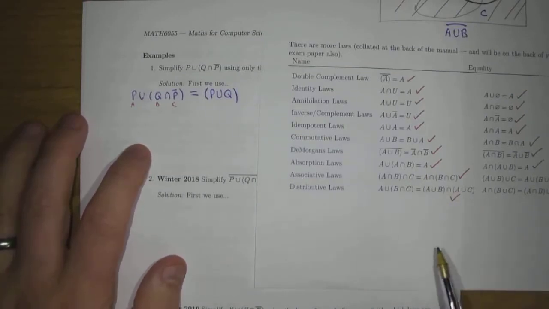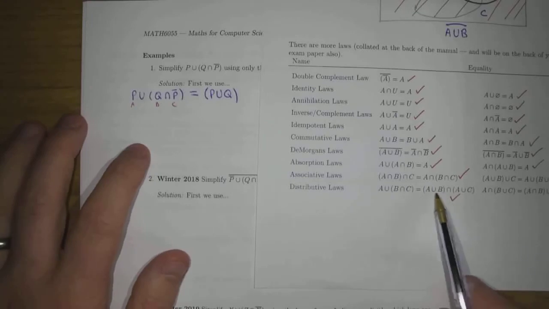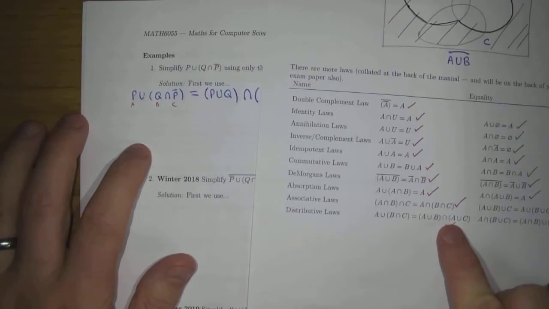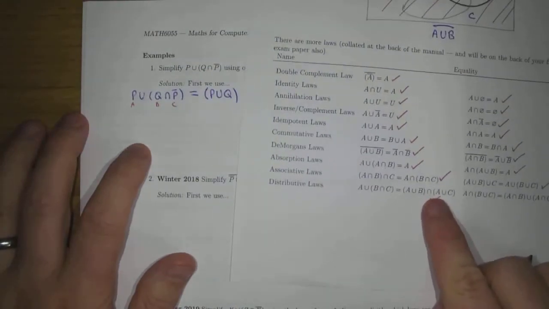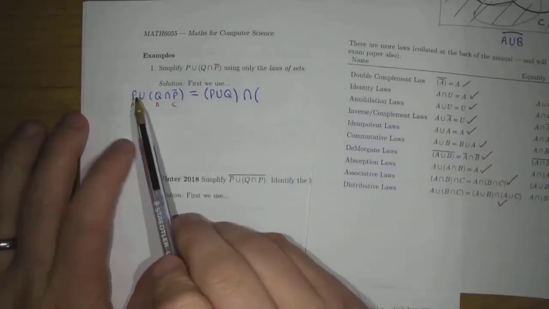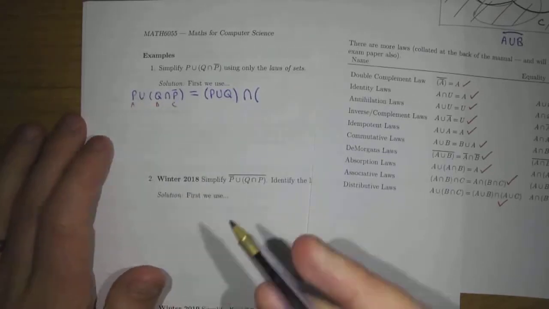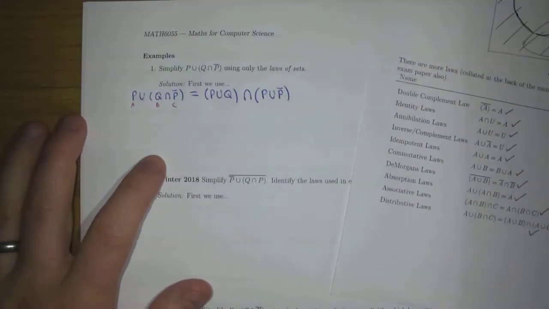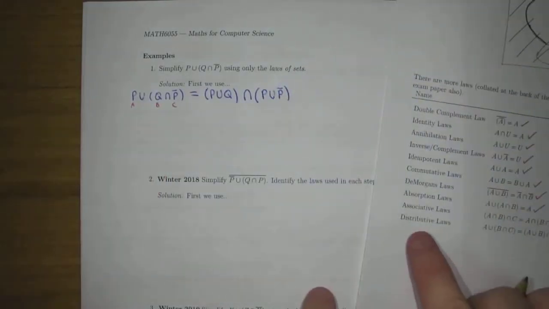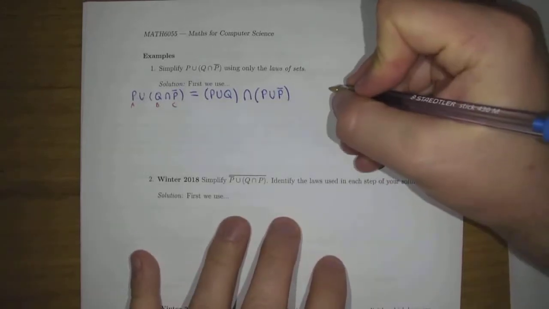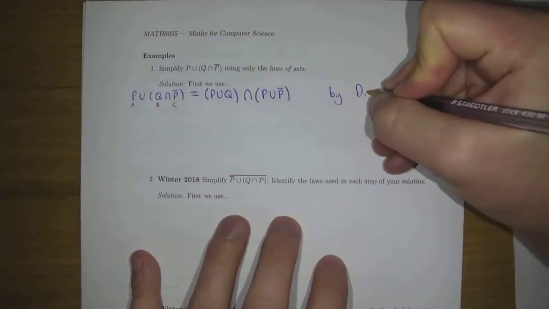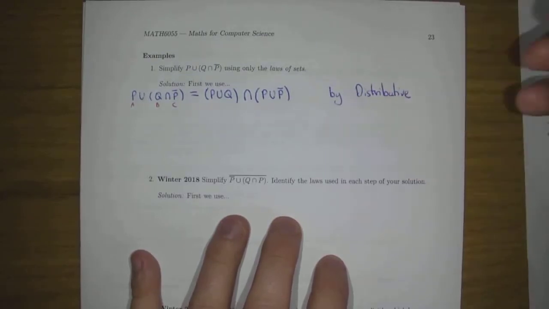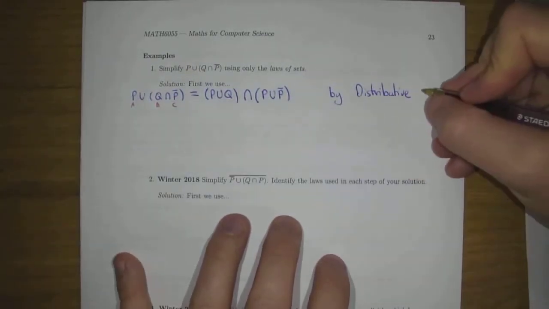No, because you have to union with A first. That's the first bit, intersection. And now we have A union C here, which is P union not P. That's using the law appropriately and saying which one. So this is by distributive law, or by distributivity.